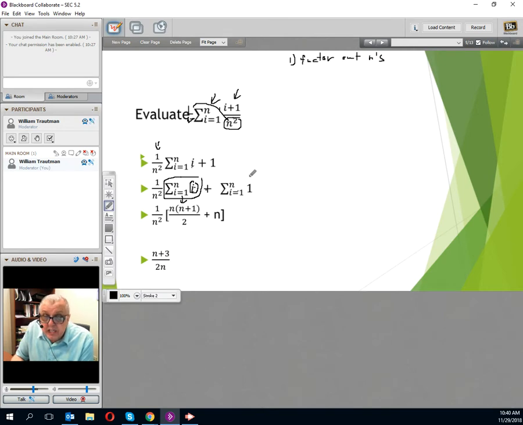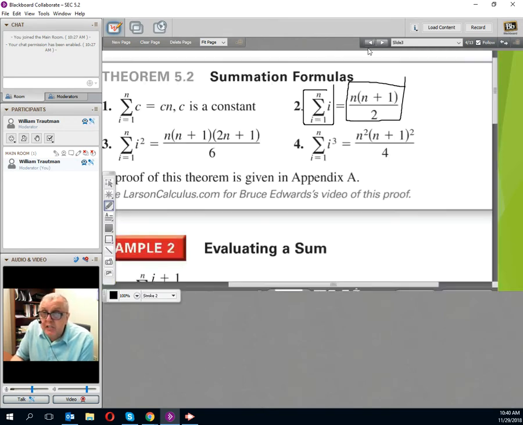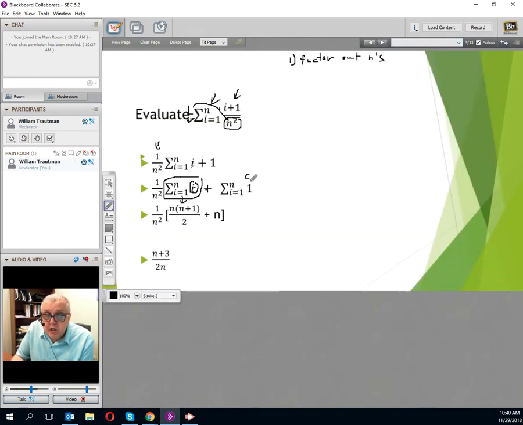Now, here's a constant. This is a constant. So let's go back to the formulas. If you have a constant, any whole number that is not a variable, you have to do the constant times n. So this summation changes to n, even though that doesn't say it. The constant, or what's the constant? Oh, the constant is 1.